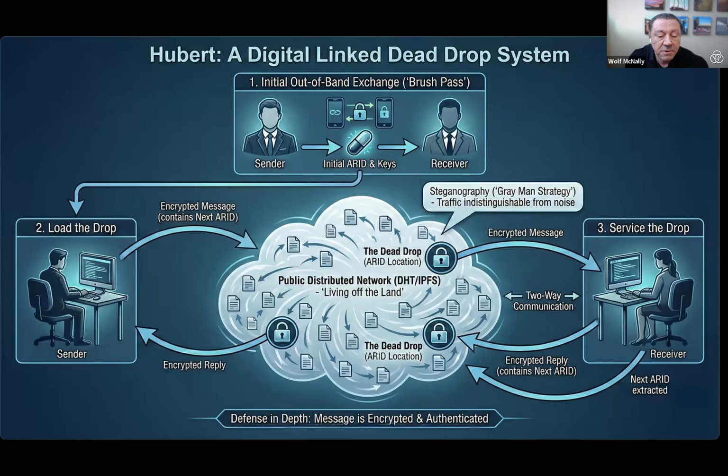And we support two public distributed networks. One is called the mainline DHT, which is part of the BitTorrent network. The other is the InterPlanetary File System, or IPFS. In spycraft, this is what would be called living off the land, or using whatever tools you have available. This does not require you to spin up any separate servers. Hubert is a protocol, not a server. We do include with our Hubert command line tool a server, which accepts just HTTP posts.